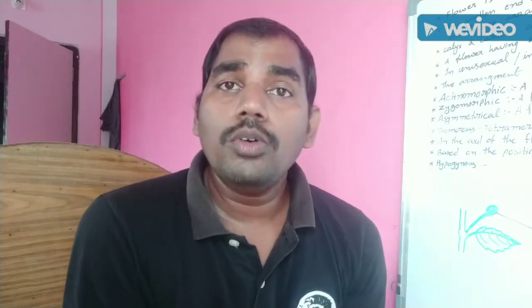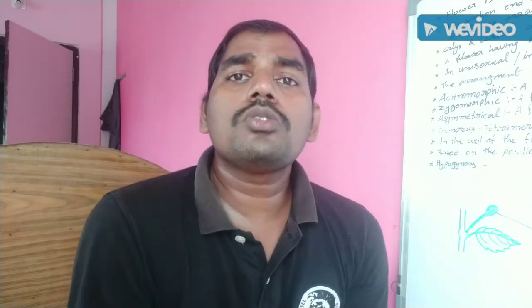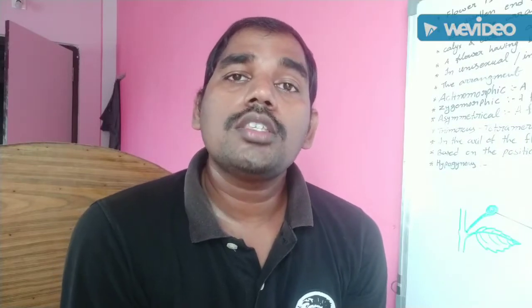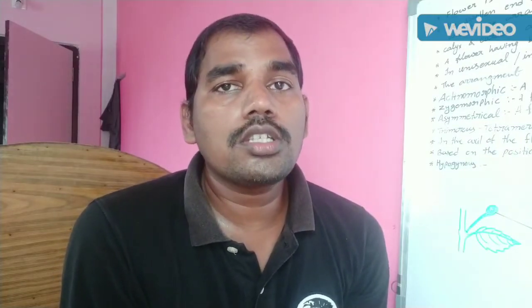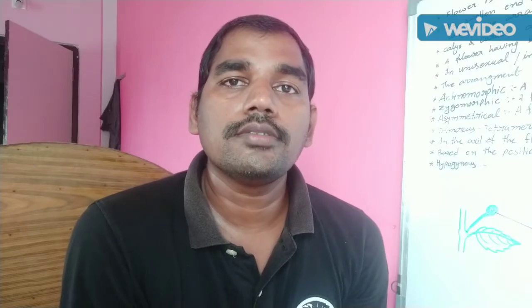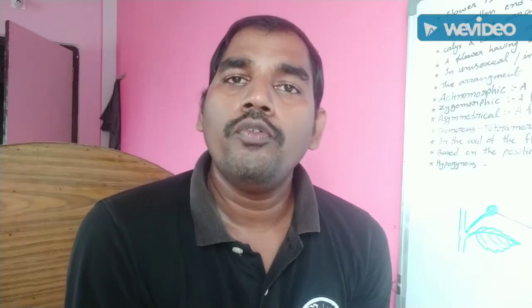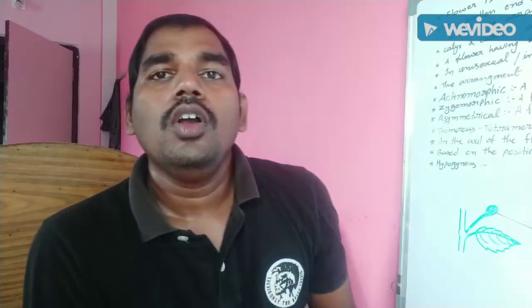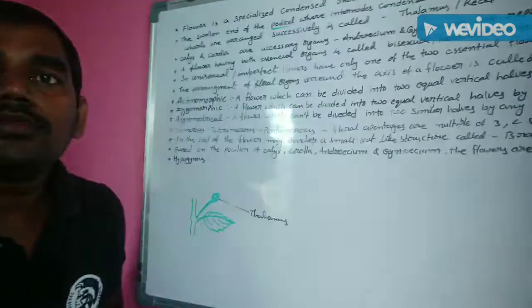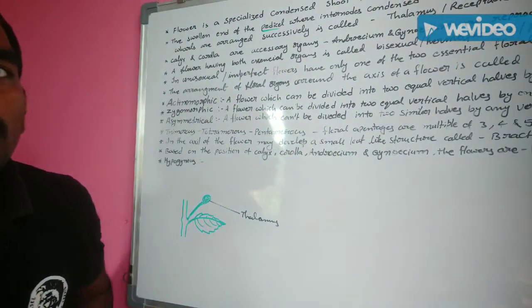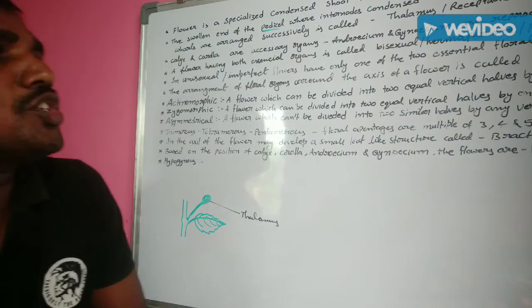Okay. Now in this video, I want to introduce one of the sexual reproductive organs in the flowering plant. That one is the flower. What is a flower? A flower is a specialized condensed shoot.